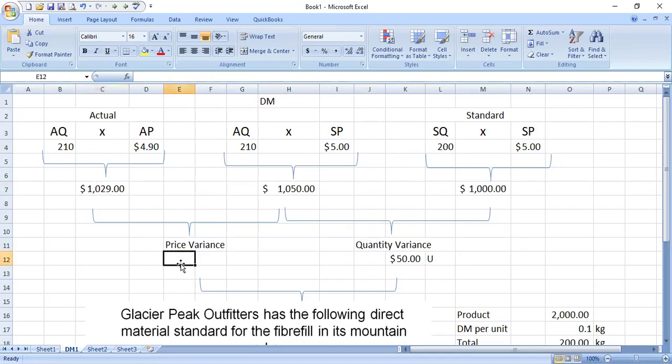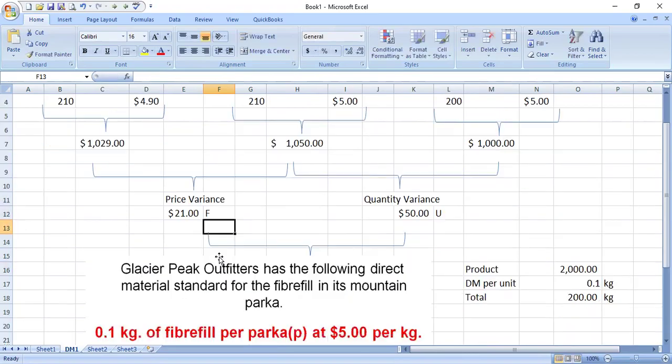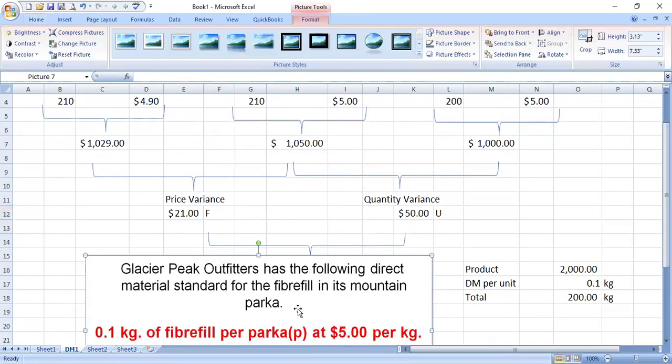What's the difference here? 1,050 minus 1,029. So $21. So I'm supposed to spend $1,050. I'm spending $21 less. Is that favorable or unfavorable for me? Favorable. Why? Because I'm spending less. Make sense? On the spending, we're spending less.